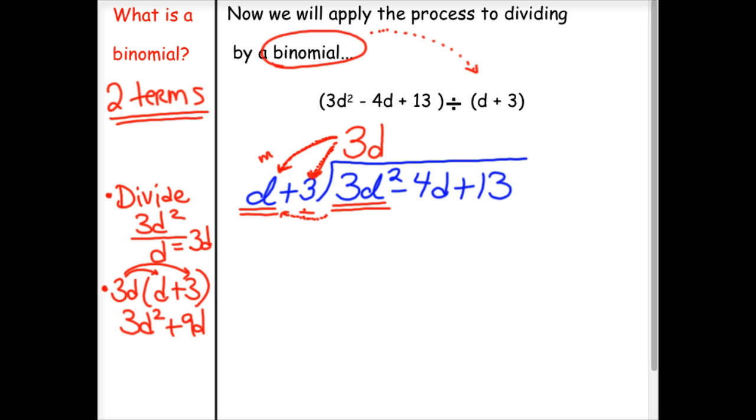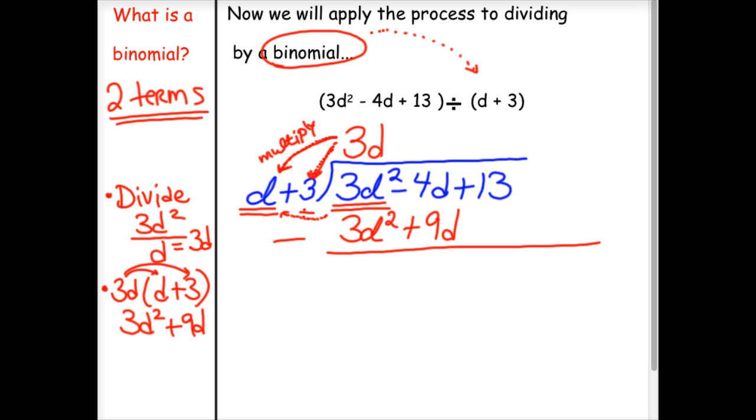So write on your notes a little deal that says multiply. Again, we're going really slow here. We multiply that in and we get a 3d squared plus 9d. And what did we do with our numerical division at this time? We drew a bar and we subtracted. But here's the thing, when you're subtracting a lot of stuff, it's tempting to make a sign error.